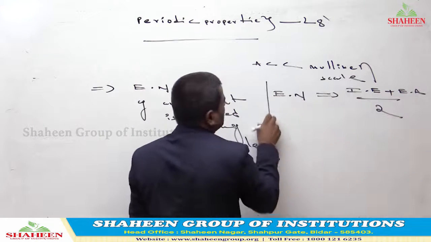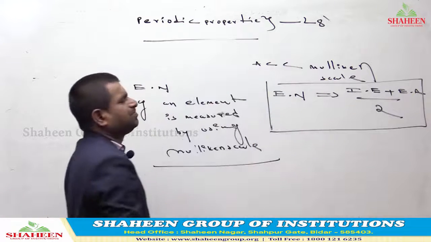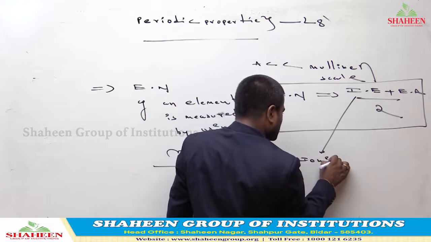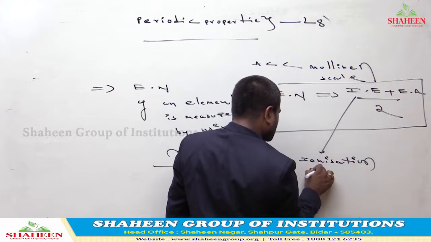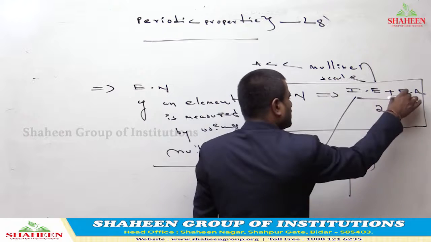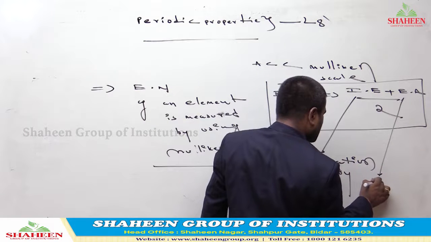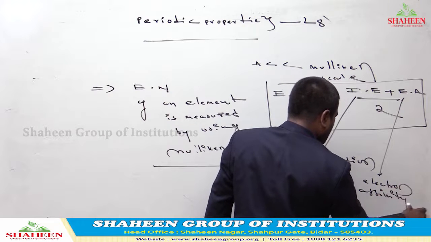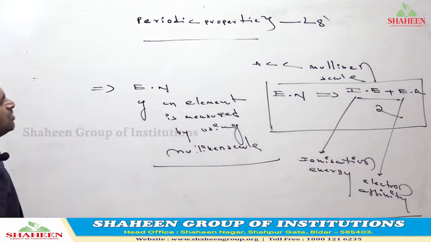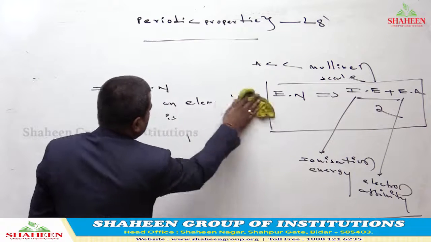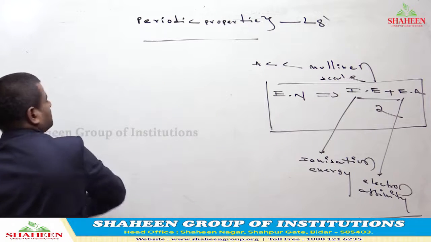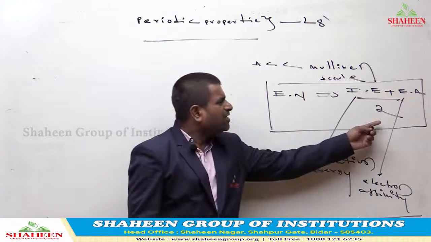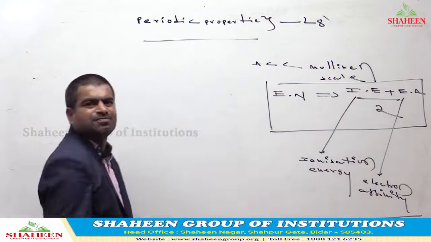By using this formula, we can calculate the electronegativity of an element, that is the average of ionization energy and electron affinity.